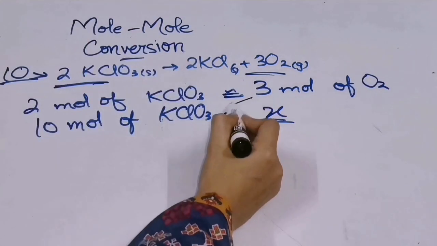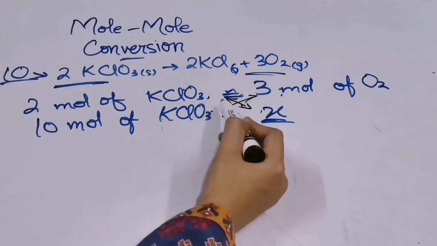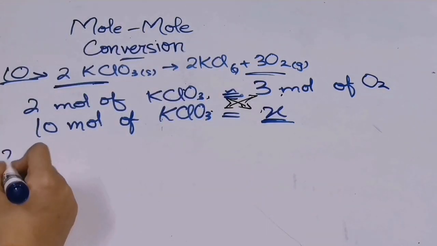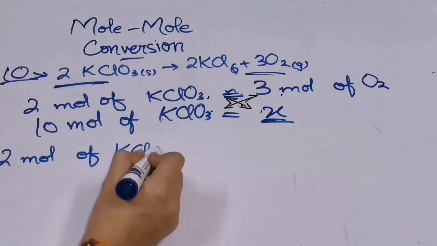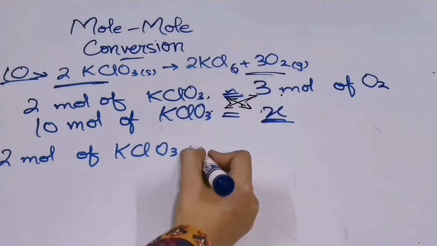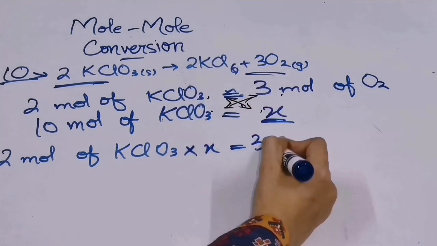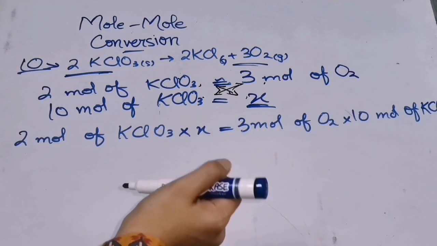So we will do cross multiplication. This will multiply with this and this will multiply with this value. Now how will we write the equation? We will write it as 2 mole of KClO3 multiplied by X, which will be equal to 3 moles of O2 multiplied by 10 mole of KClO3.